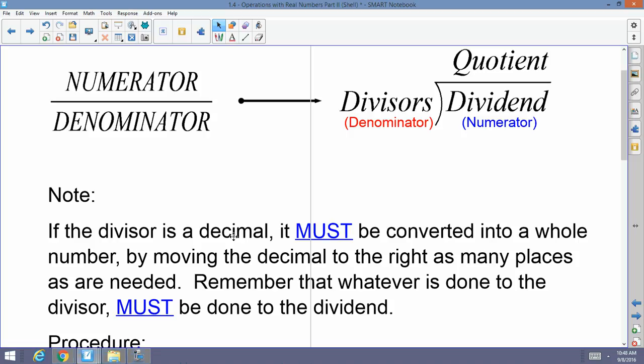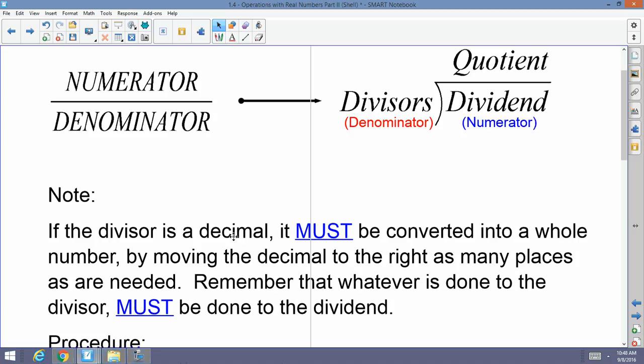Same thing happens here. Whatever is done to the divisor must be done to the dividend. So whatever you do to the outside, you must do to the inside. Just like whatever you do to the denominator, you must do to the numerator. You're keeping an equality here. You're changing the appearance, but not the value. Okay? So that's the most important thing about decimal division.